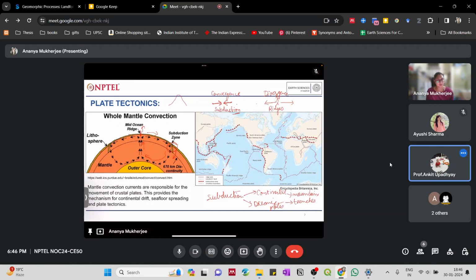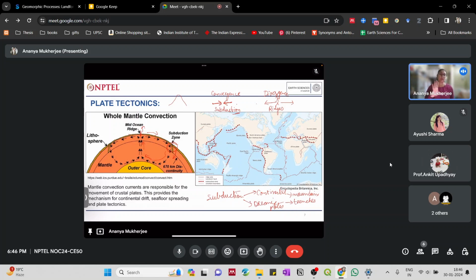Why are they deeper? First of all, the oceanic crust itself occurs at much depth, because the entire water column is also present. When we consider the depth of the trench, we consider it from the MSL level.